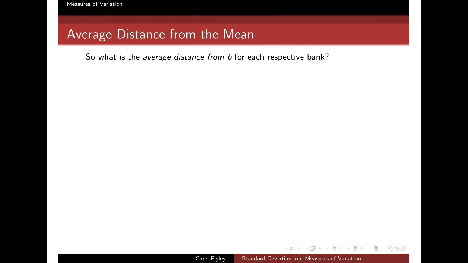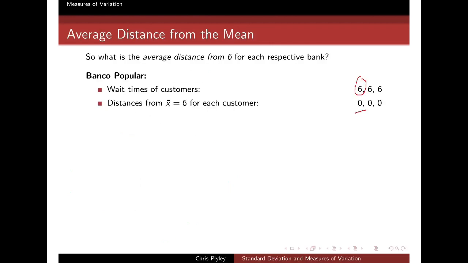So if I were to answer this question, I'll do the first one here so you understand what I mean, and then maybe you can do the other two before you go on. If I take Banco Popular, for example, I have three customers that each waited 6 minutes. So the distance between their waiting time and our mean time of 6 minutes is 0, 0, and 0. 6 minus 6 is 0.